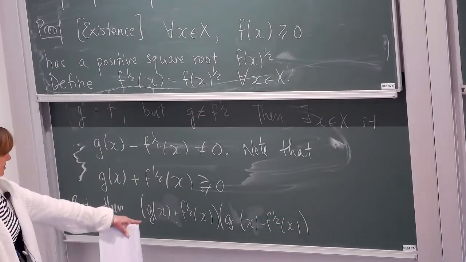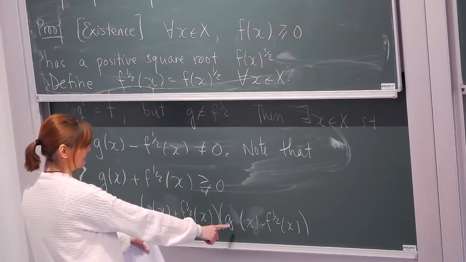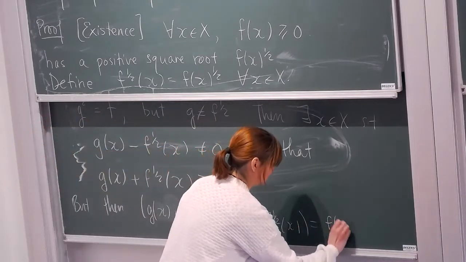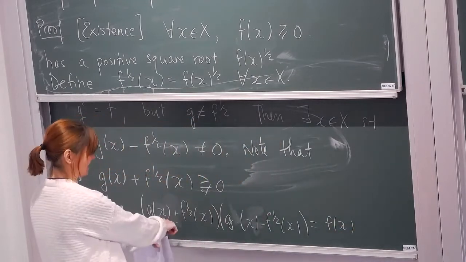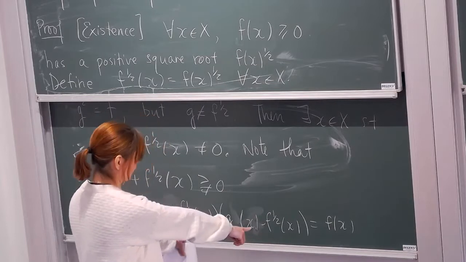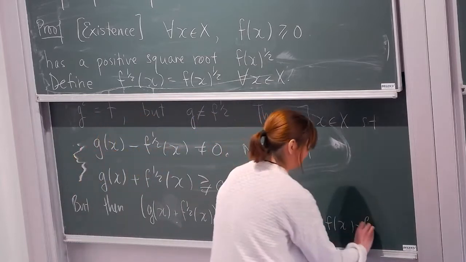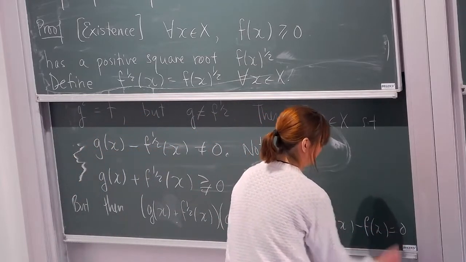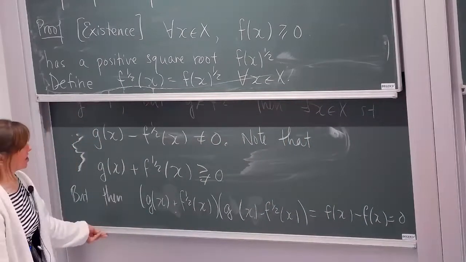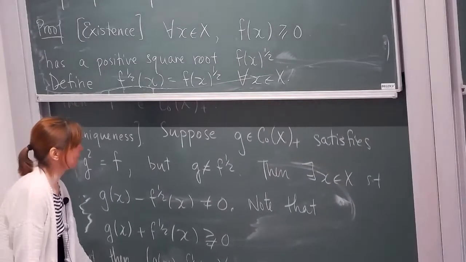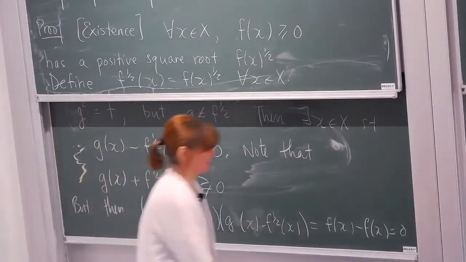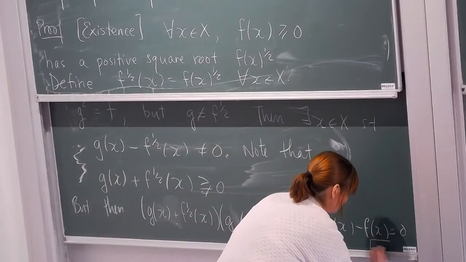So what is this? Well, we get a g squared, and that's f. And then, of course, since this is commutative, these two terms cancel out, and then we get minus f, which is 0. And that gives us a contradiction. So, in fact, we must have had that g is f half. So that completes the proof.